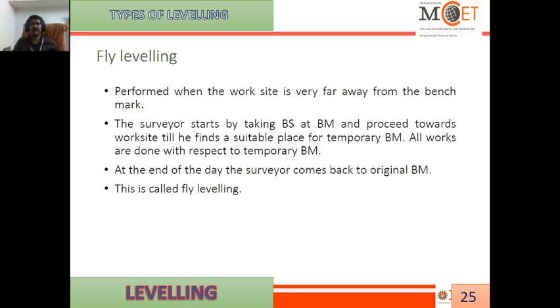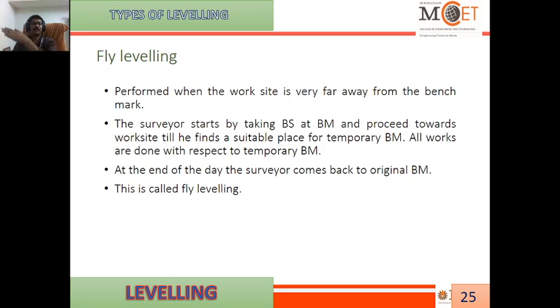Next is the fly leveling, performed when the work site is very far away from the benchmark. The benchmark is somewhere else and our work site is very far away. We need to carry that benchmark value to our site, then proceed. The survey starts by taking a backsight at the benchmark and proceeds towards the work site till a suitable place is found for establishing a temporary benchmark. All works are done with respect to this benchmark only.